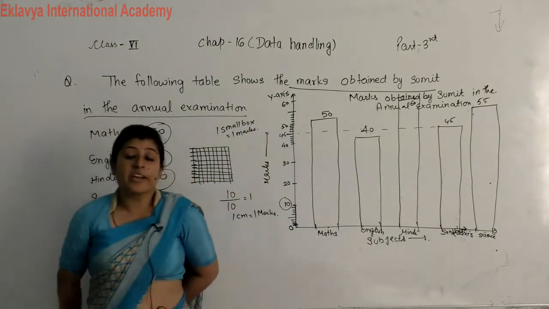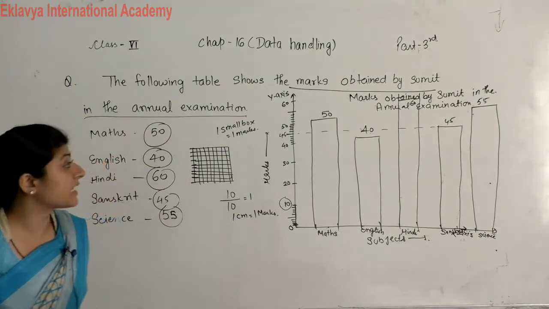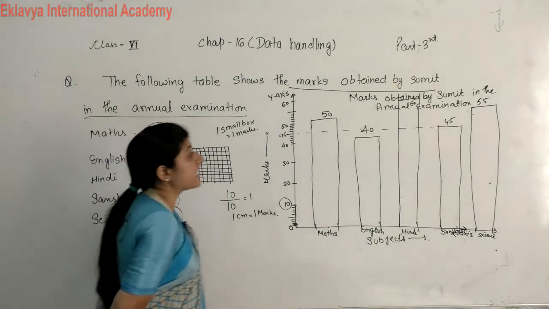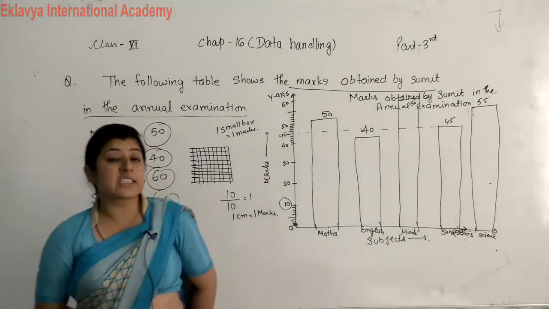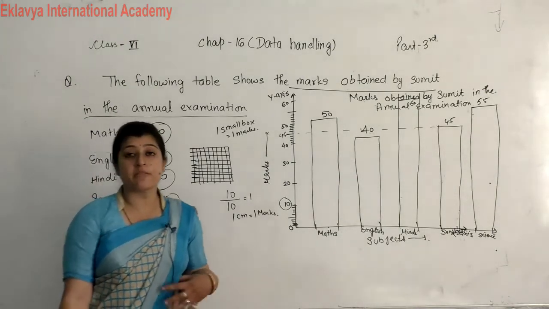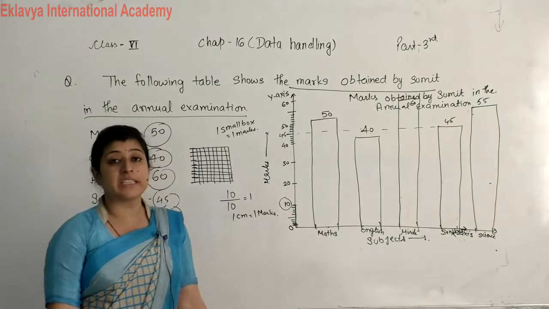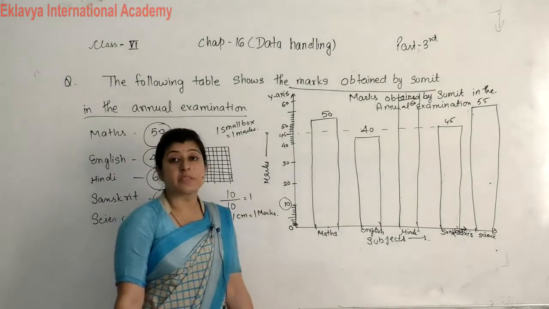So what we can say easily about the bar graph is that this bar graph title is Marks Obtained by Sumit in the Annual Exam, and the x-axis represents the name of the subject and the y-axis represents the marks in the particular subject.